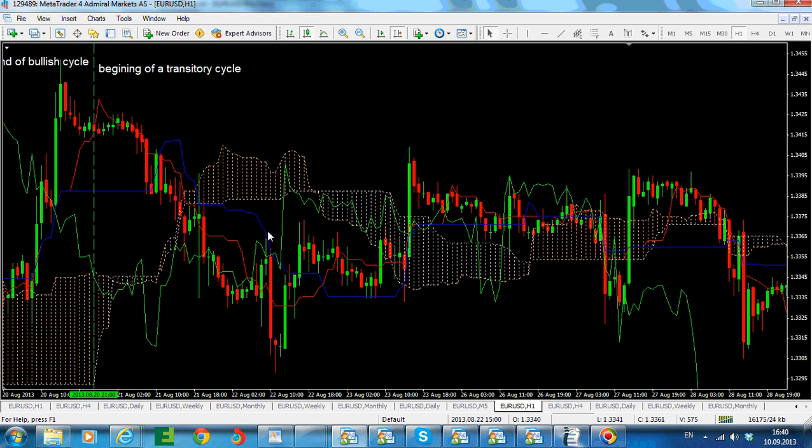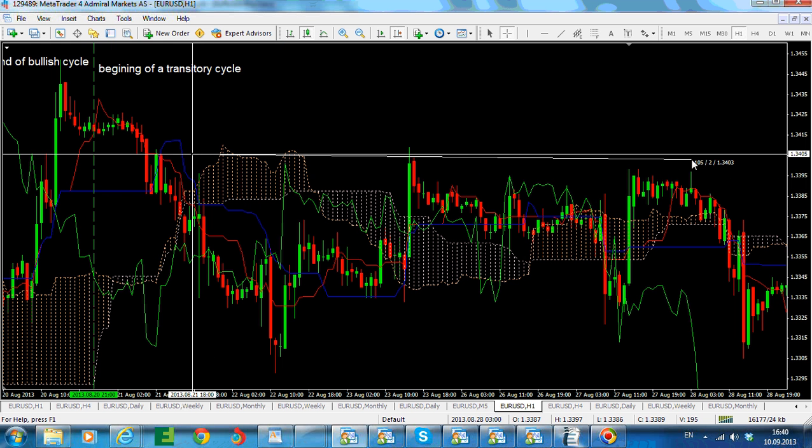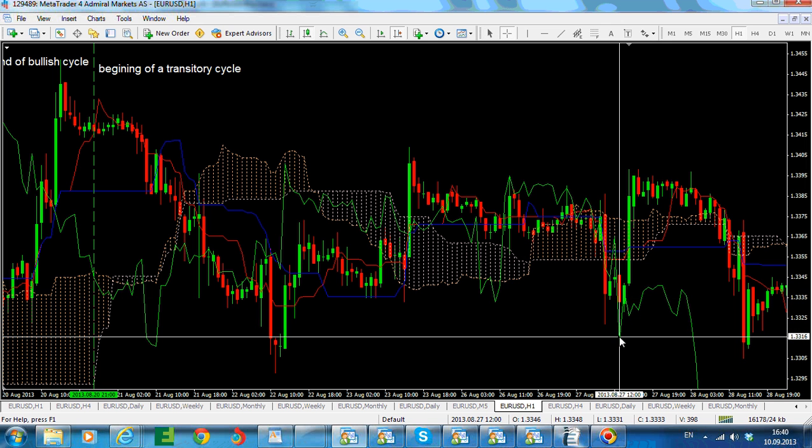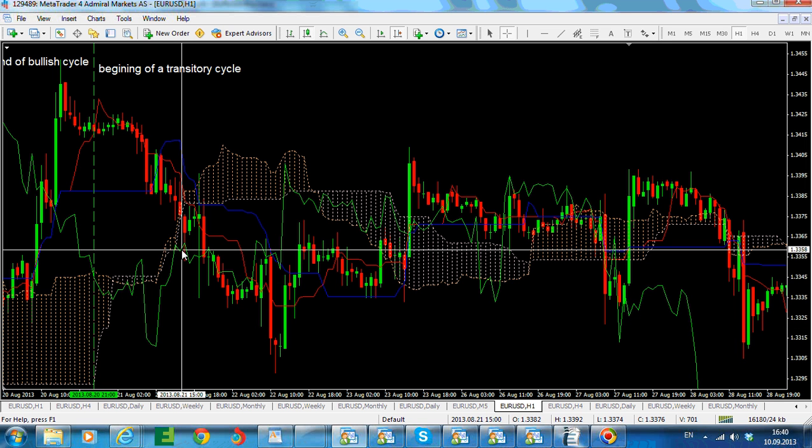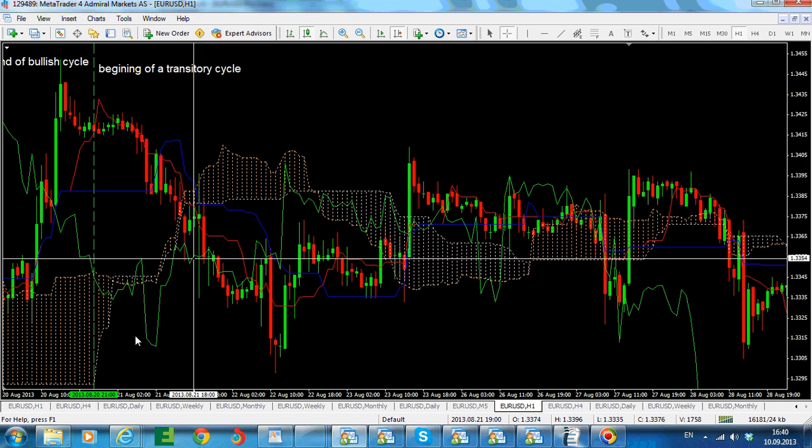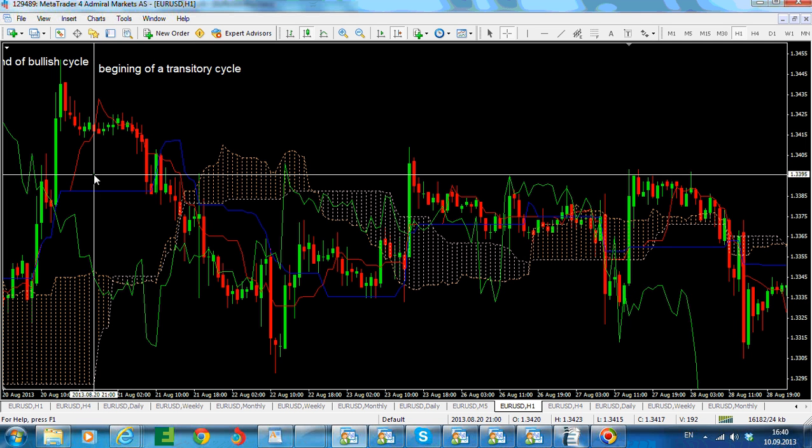So normally we are looking only for consolidation, and there you go, take a look from here to here, only consolidation until the market finally breaks to the downside. This being a 1 hour chart on the euro dollar, as you can see, it means that from this moment in time until here, when the bearish cycle begins, we have 110 candles, that means 110 hours, and that is something to be taken into consideration, applying only transitory cycle strategies for trading binary options.